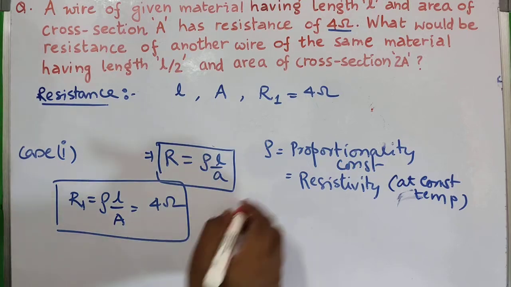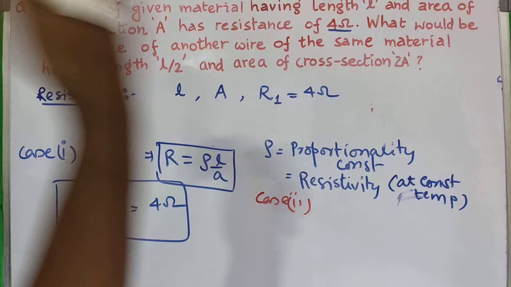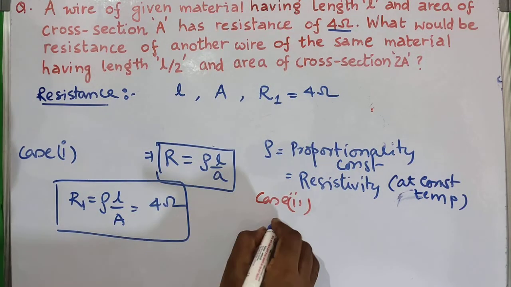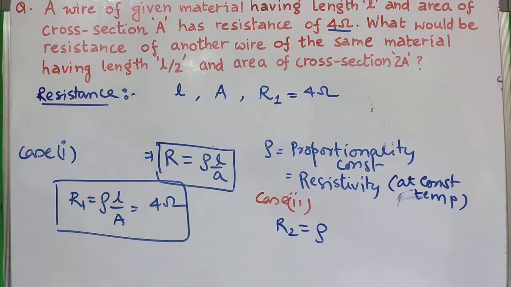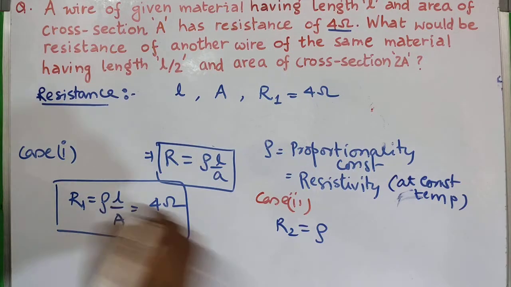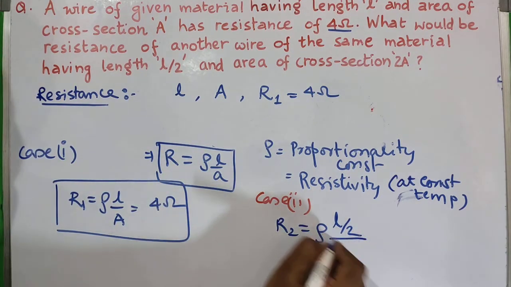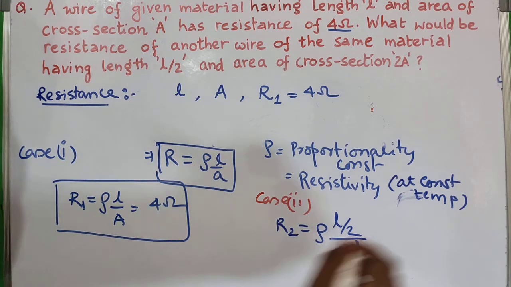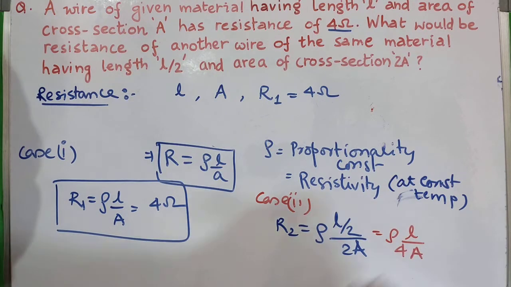In case 2, let me write here case 2. What are we having? The resistance of another wire of the same material. So same material means the resistivity will be the same. So R2 is equal to rho. Rho is going to be the same in both cases. And then having length L by 2. So length is L by 2 now, and the area of cross section is 2A. So R2 is equal to rho L by 4A.